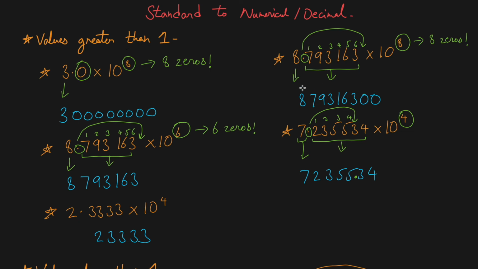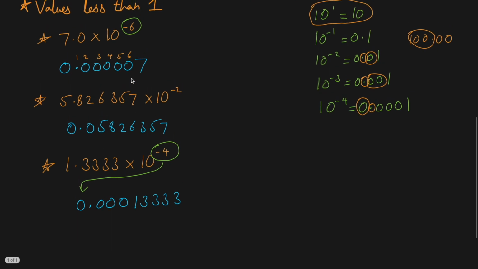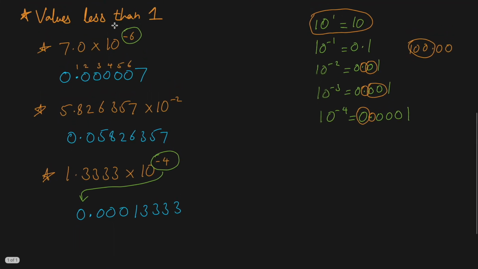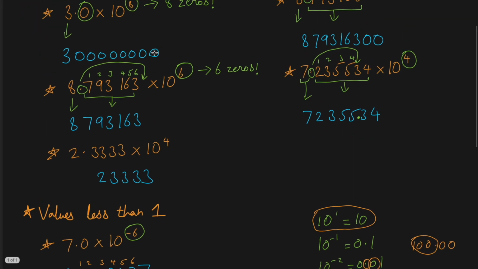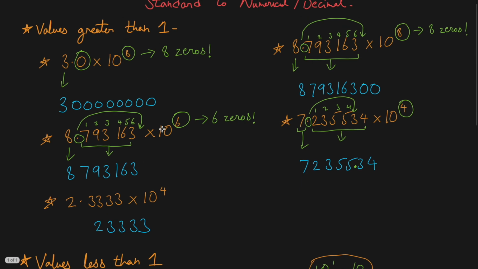So that was the case for the values that are greater than 1, but we didn't encounter something like that in the values less than 1. Well, it's mostly due to the fact that here we have 10 power 6, which, if we split it into two parts, we know that 10 power 6 is a big number compared to just 8.793163, right.